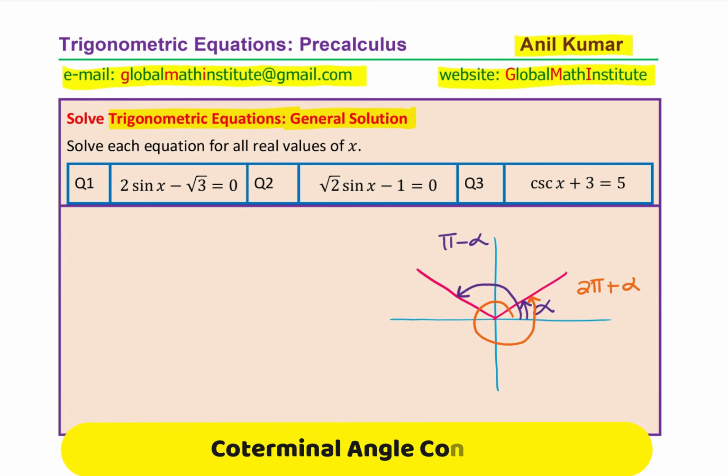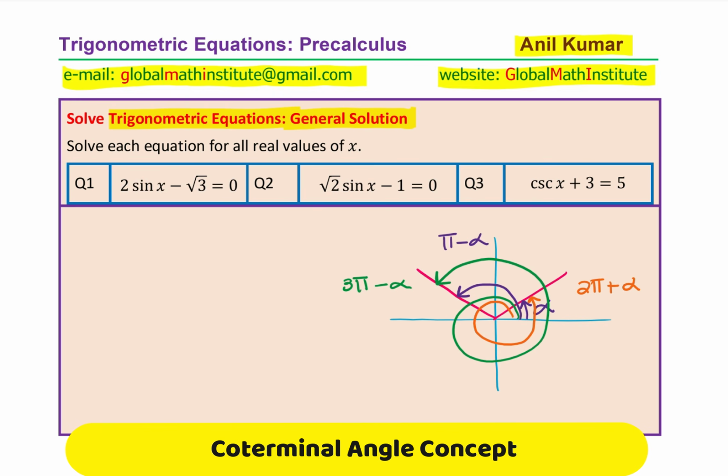So if I go further, for example, if I go like this, then it is 3 pi minus alpha. So what you see here is that the angle alternates, right?